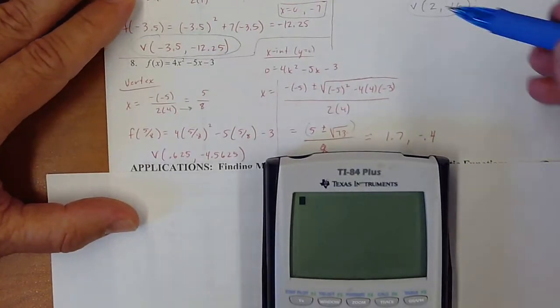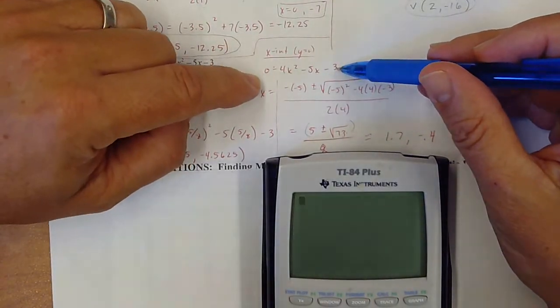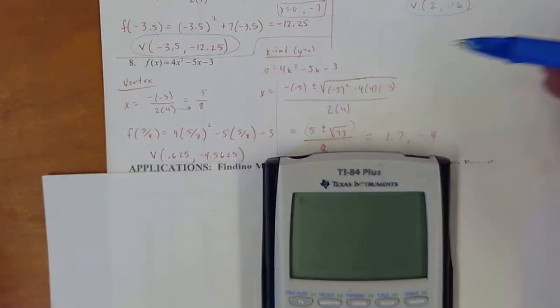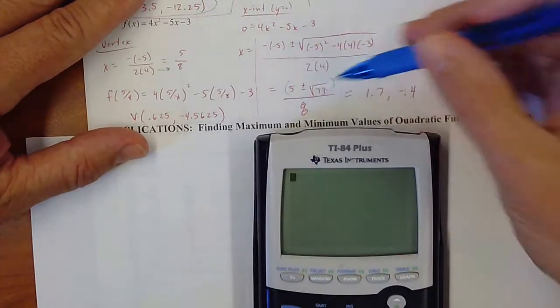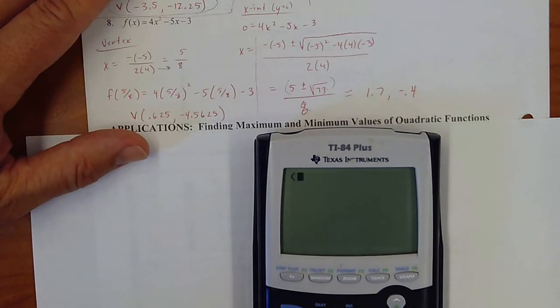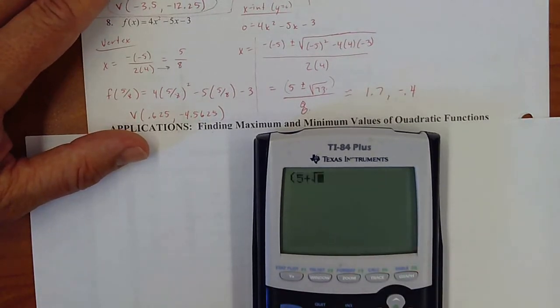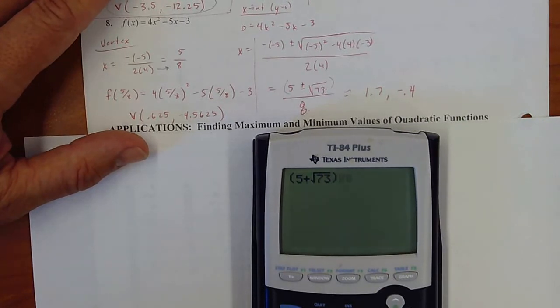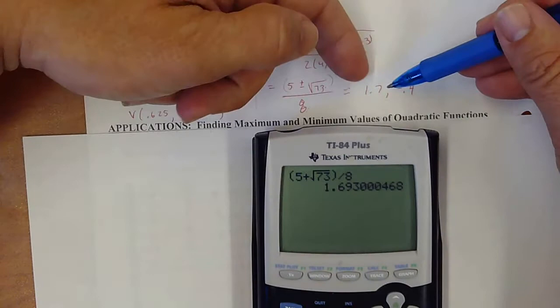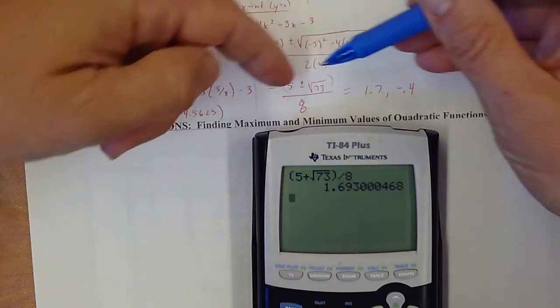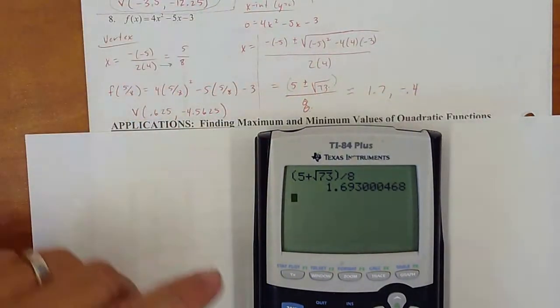Okay, now when going on to the x-intercepts, we can't factor this. There aren't factors of negative 12 that add up to negative 5. So we resort to the quad formula. All right, so getting a decimal answer for this, close your numerator and just do this. 5 plus the square root of 73, and then divide all of that by 8, just like that. Okay, so 1.7 is one of my x-intercepts. Now we've got to do 5 minus the square root of 73.